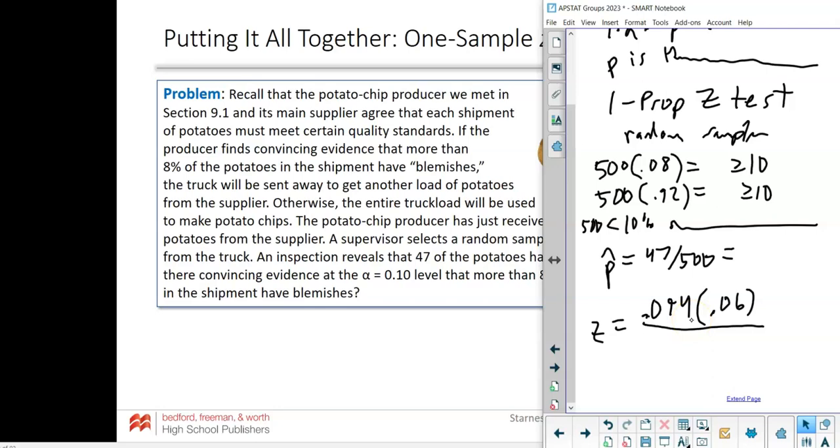What am I doing? I'm thinking of the second part. So 0.094, which is p hat, minus p, which is 0.08, divided by the square root of 0.08 times 0.92, all over 500. So you'll type that in your calculator and get your Z value.